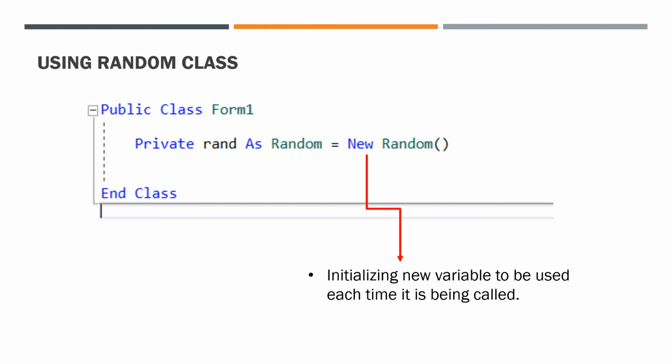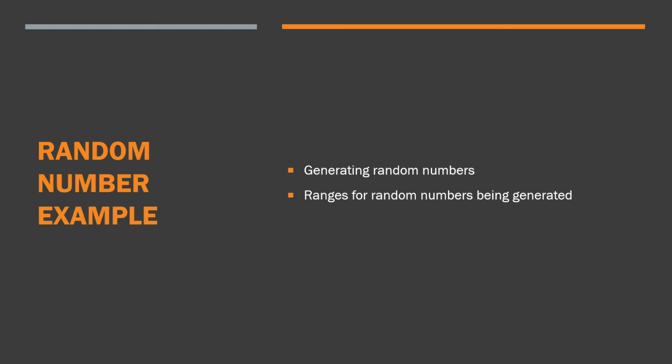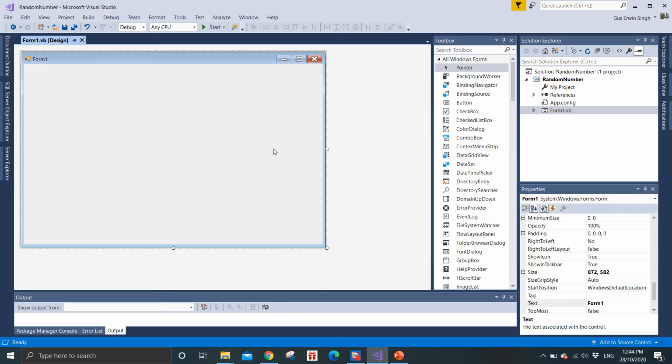That is the reason why you have to use the word New in your random variable. But today's example will be much more easy and straightforward, where we will be generating random numbers and we will also generate random numbers by using a certain minimum and maximum values.